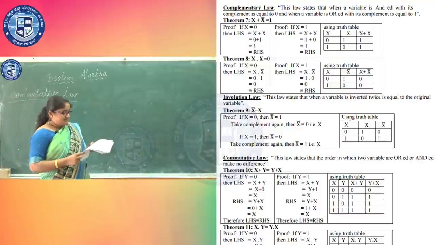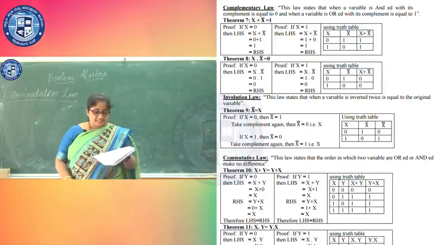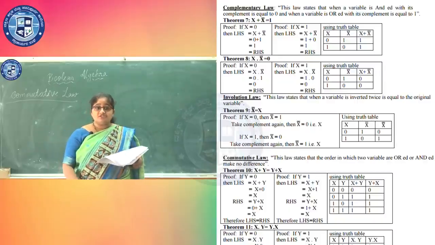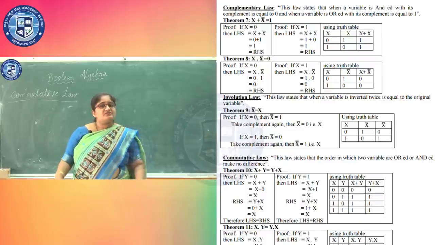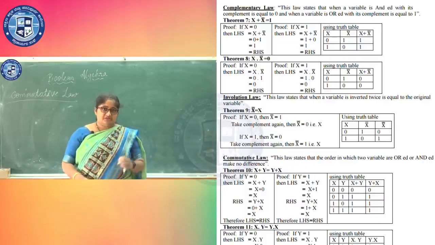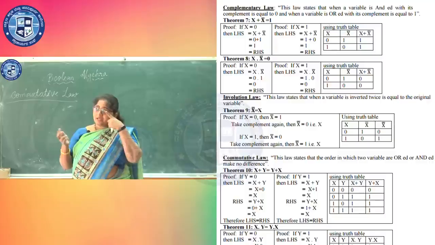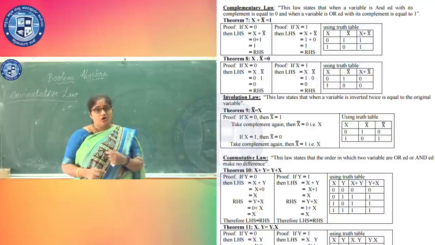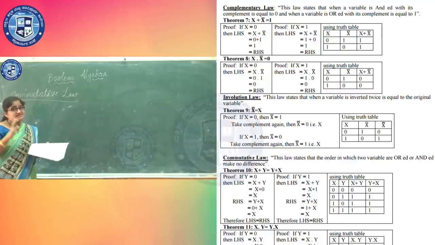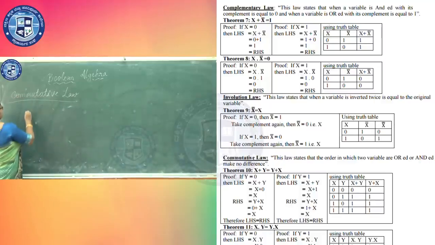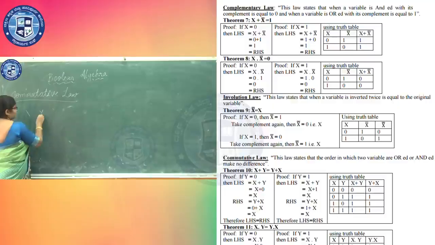The commutative law states that the order in which two variables are ORed or ANDed will not make any difference. The law says that there are two variables, x and y.